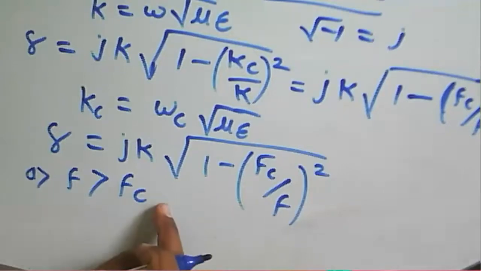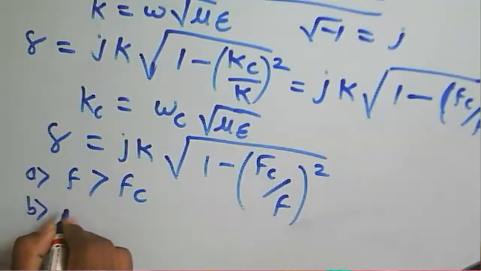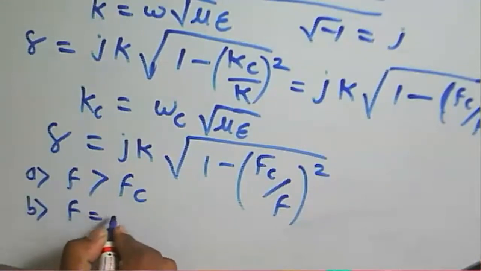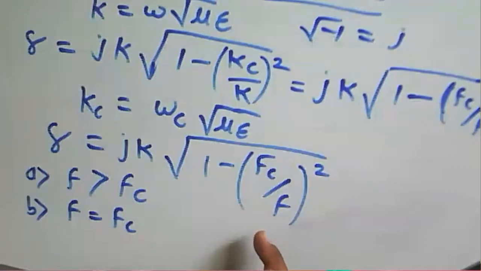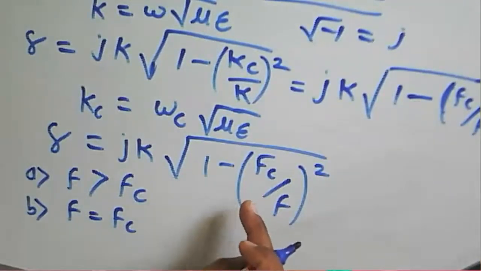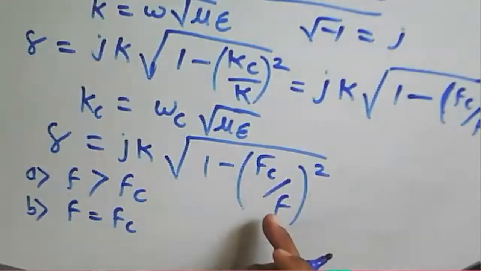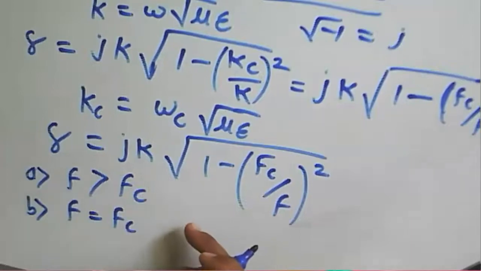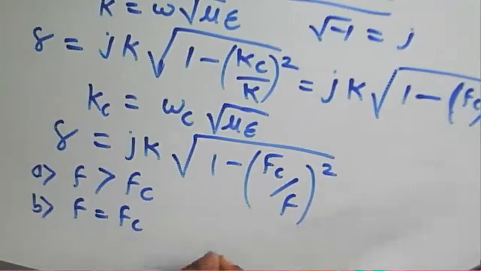So we can say that the wave is propagating in the rectangular waveguide. If f is equal to fc, it's 1 minus 1, which is 0 here. So in that case, gamma is equal to 0, meaning no wave is propagating through this waveguide here.